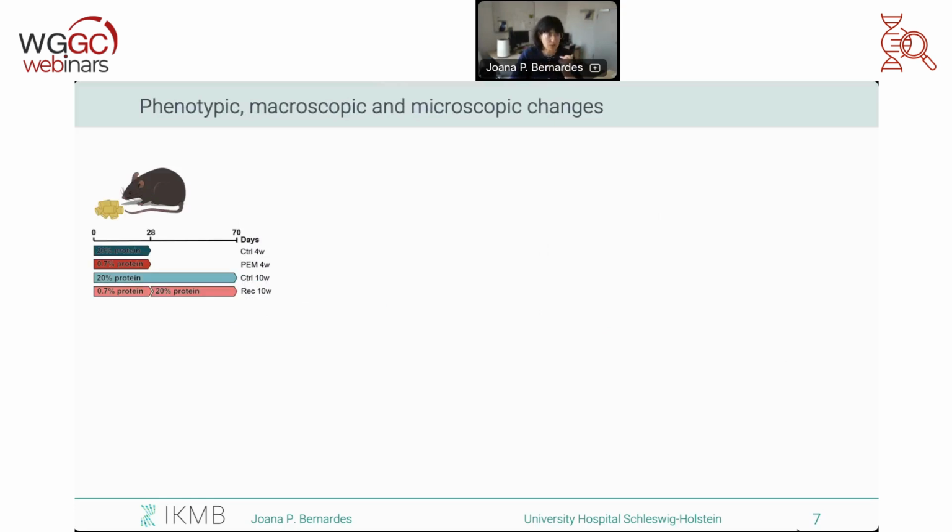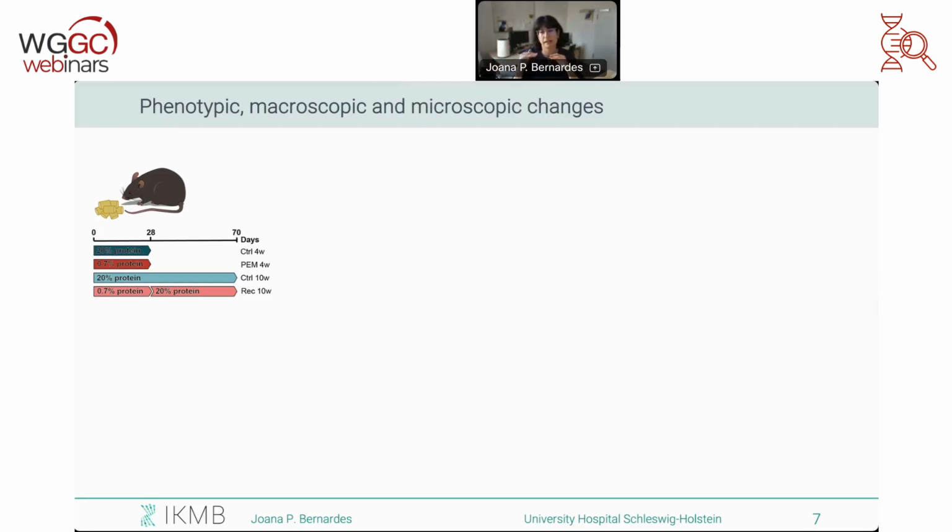So we do this with a mouse model, and this is just an introduction. So we have our mice and we have our control group where we just give the normal chow to the mice. And then we have a group that we call protein energy malnutrition, which is PEM. And in this case, you have 0.7% of the protein that you normally have in chow, and it's isocaloric.